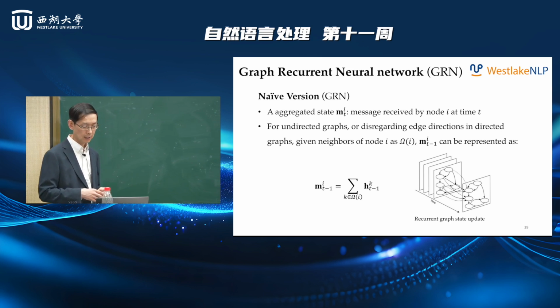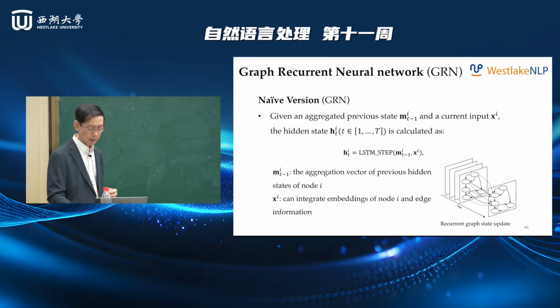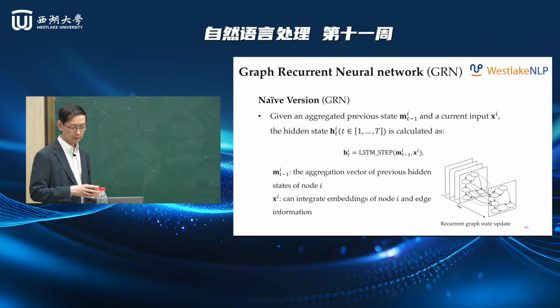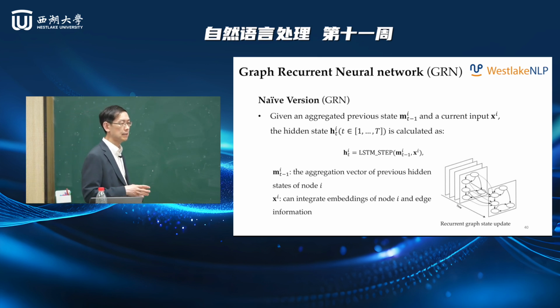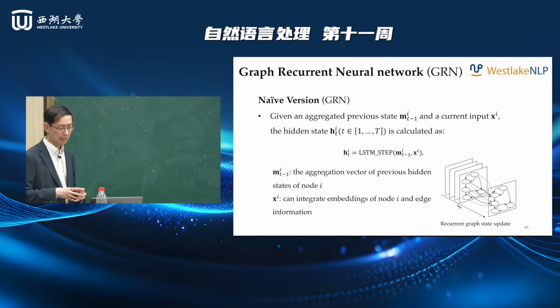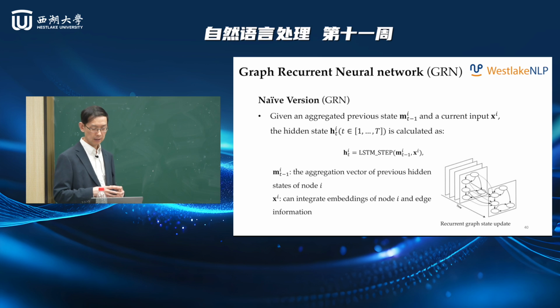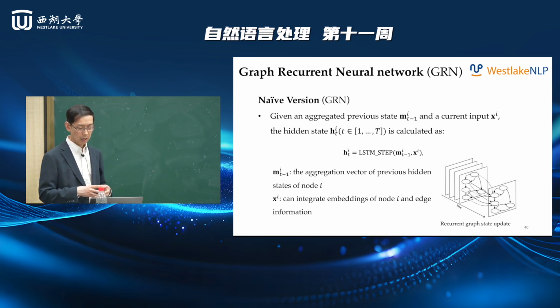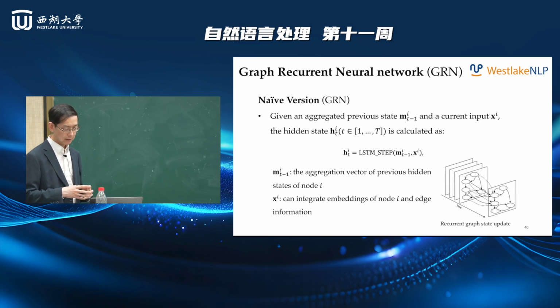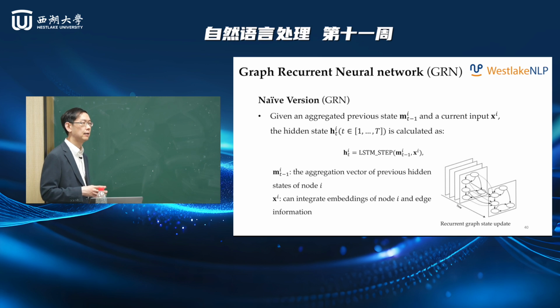So it's like a child sum. And then the current hidden state for node i, denoted as h_i^t, node i at time step t, is just a standard LSTM step, taking the aggregated message m_i^(t-1) as the previous hidden state, and a current input x_i. This x_i will represent the information of the graph node itself.